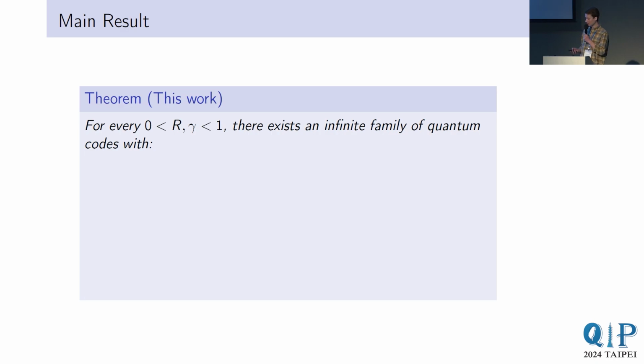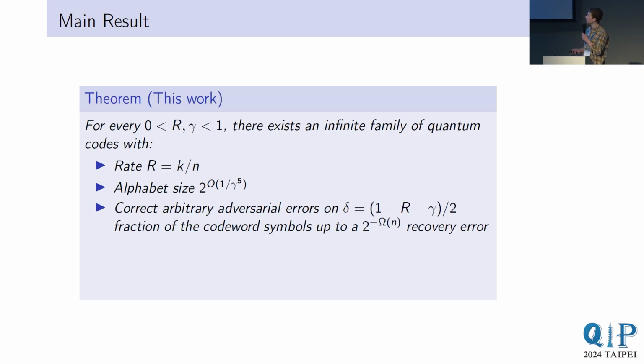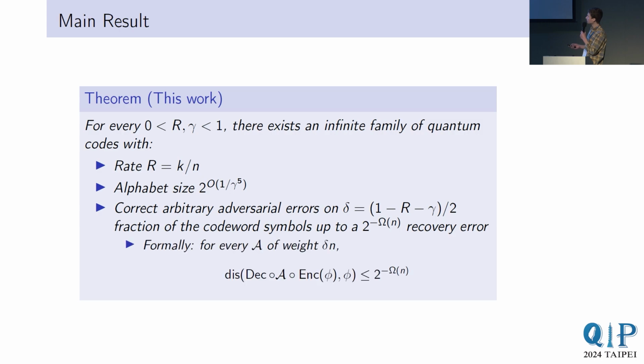So just to formally state our main result, we show that for every constant rate and for every constant loss parameter gamma, there exists an infinite family of quantum codes with rate r, constant alphabet size, assuming gamma is a constant, that correct arbitrary adversarial errors up to the singleton bound minus a gamma loss, and an exponentially small recovery error, which for all practical purposes is basically irrelevant.